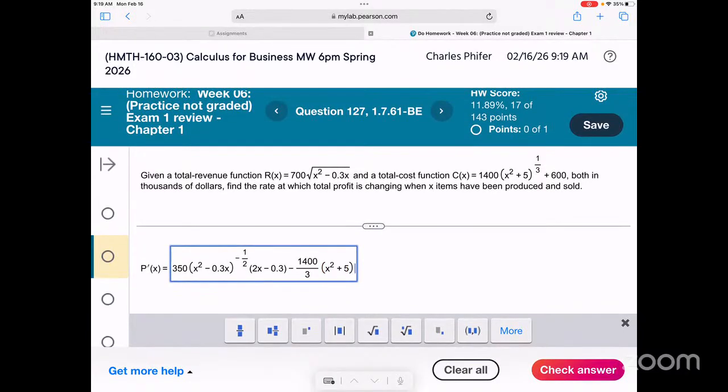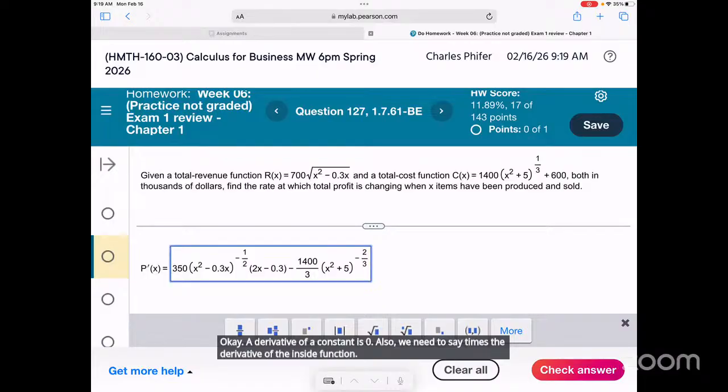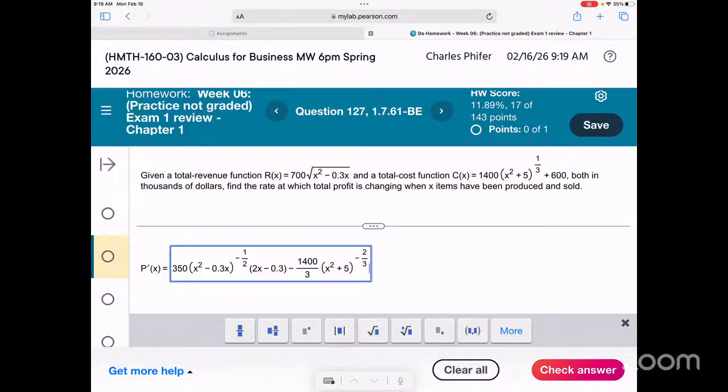So that's to the power of -2/3. The derivative of a constant is 0. Also, we need to say times the derivative of the inside function. So times 2x.